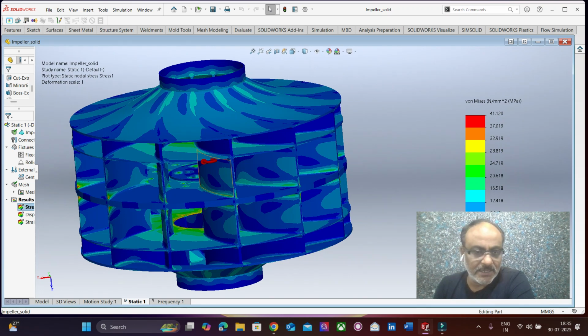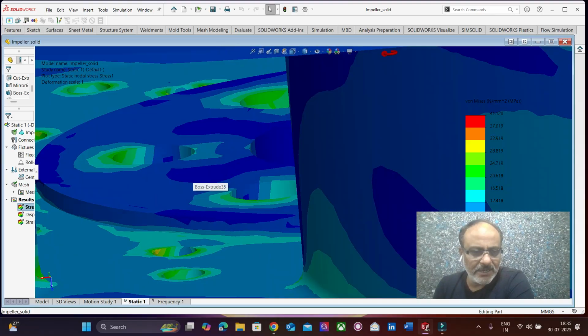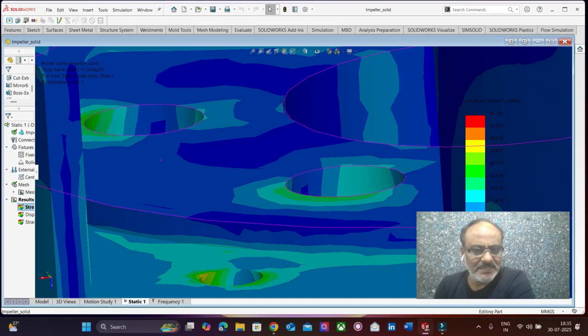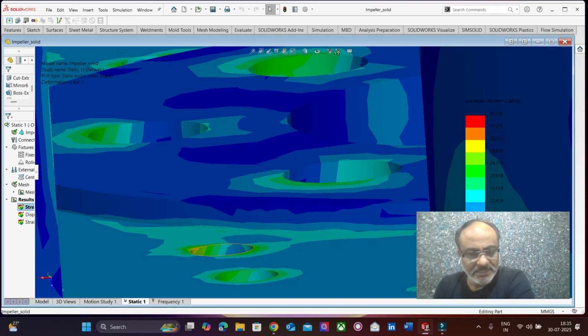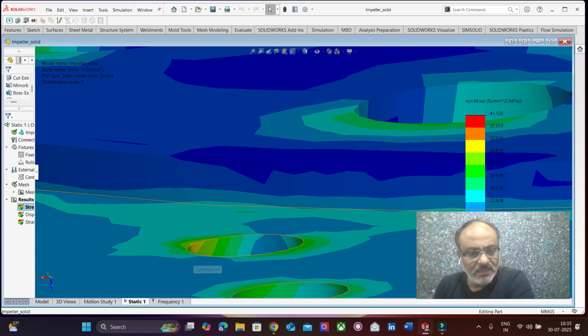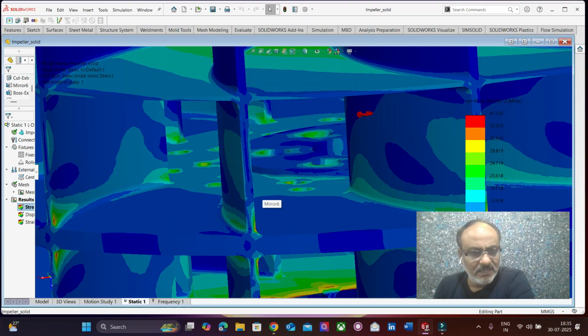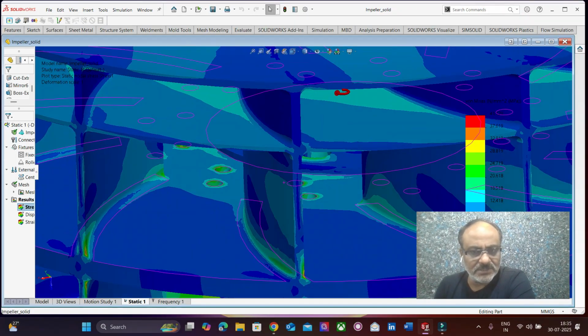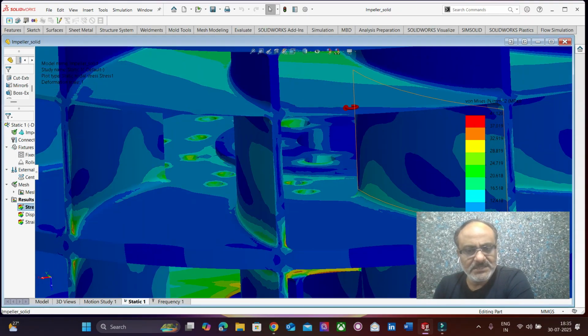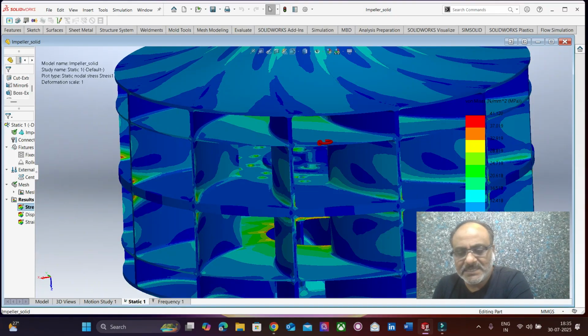The zones with red color. So now let's try to figure out where exactly the red zone comes. The red zone comes only at a very specific region, the edges; wherever edges are there, we find the red contours. And what it means is called stress linearization, or general or local stresses.